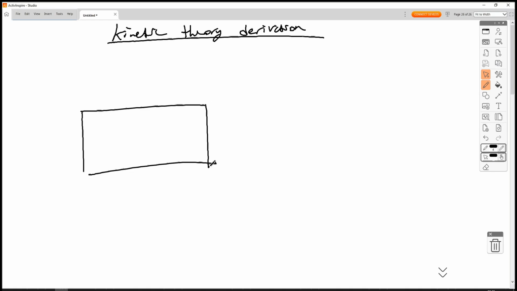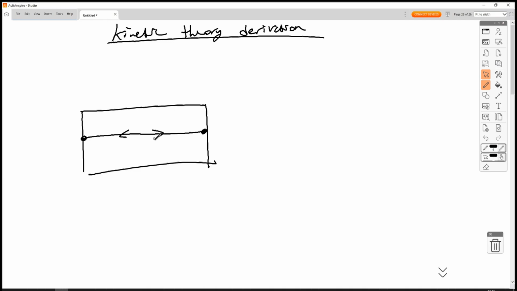So we construct a two-dimensional image first of a container, and we imagine a gas particle bouncing between the two walls. So the particle may go from there to there with some velocity, and then it might bounce on that wall and come back again with another velocity.